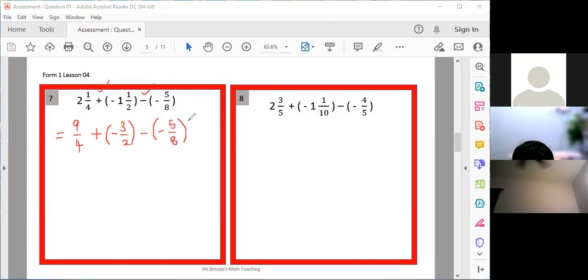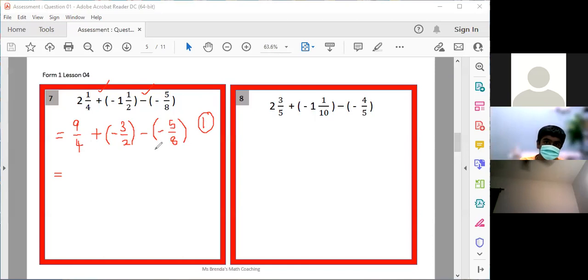Now look, step 1, we have changed all the mixed numbers to improper fractions. Step 2, change all the denominators to make them the same. Use my big brain here.